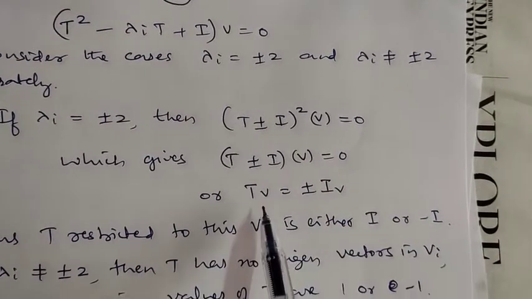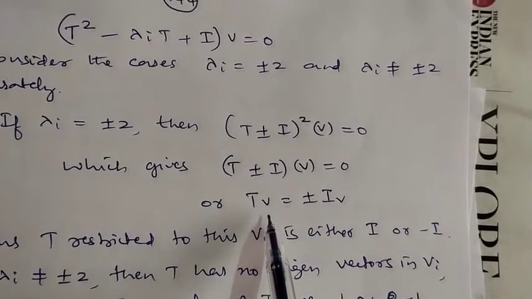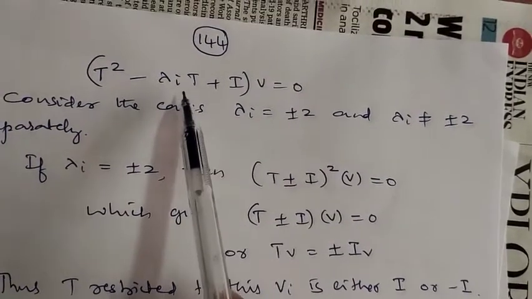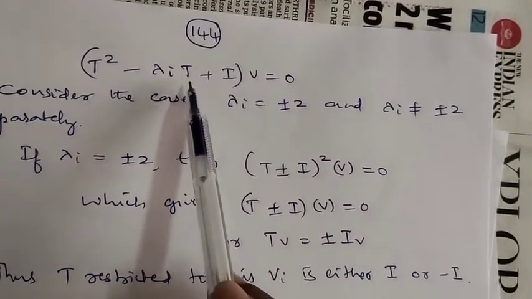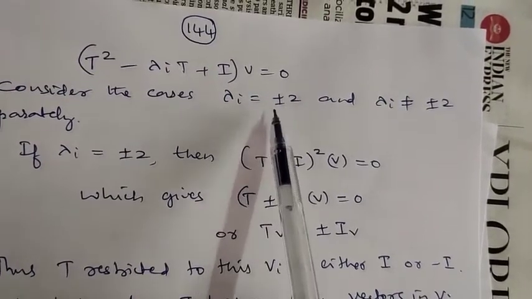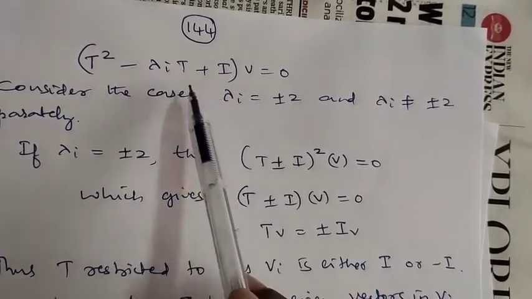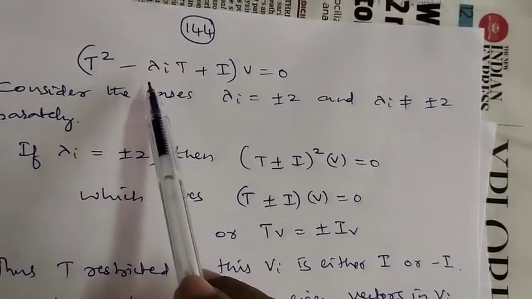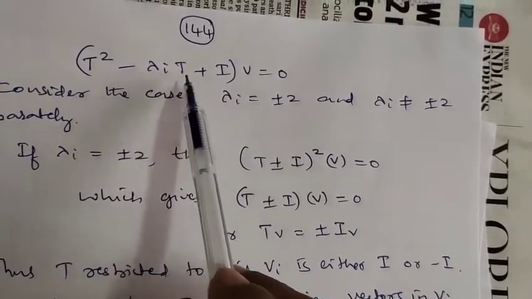If lambda is equal to plus 2, it becomes T square plus 2T plus 1.